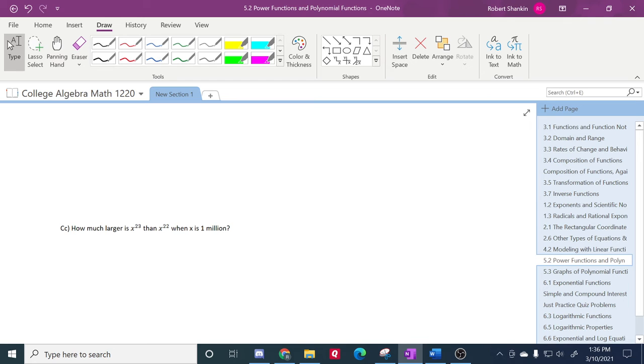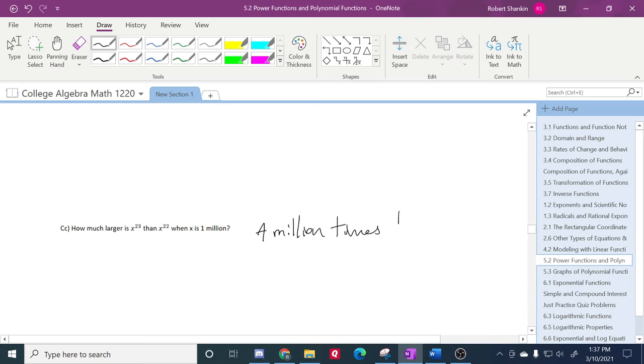Hit enter. All right, group 2, what's the answer? We said 1,000,000 larger. Yes, it's 1,000,000 times larger.